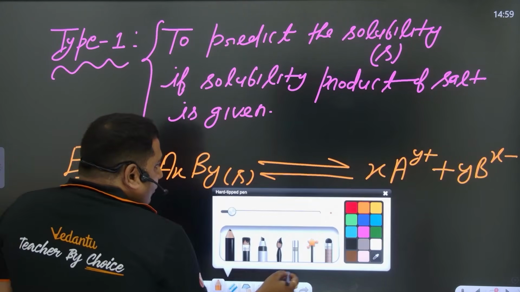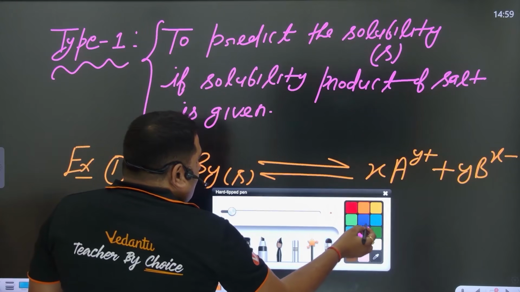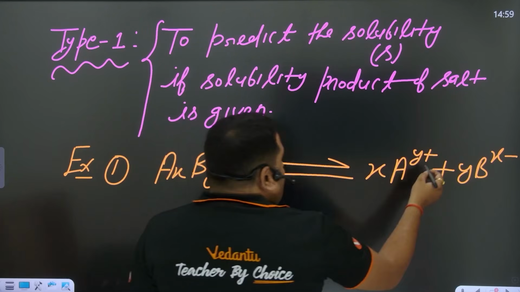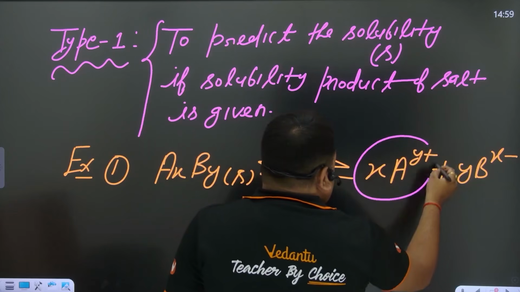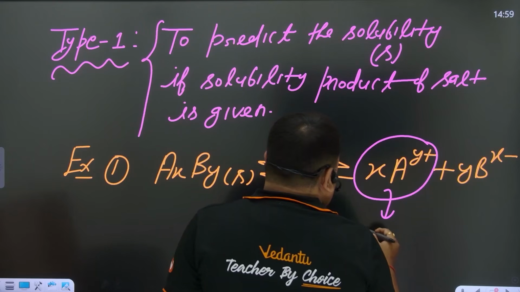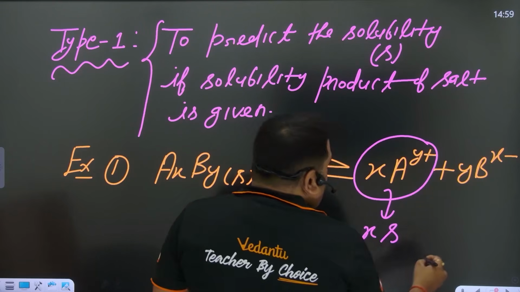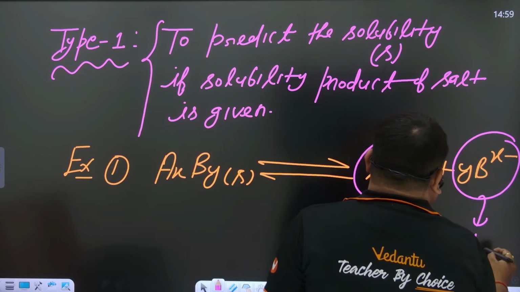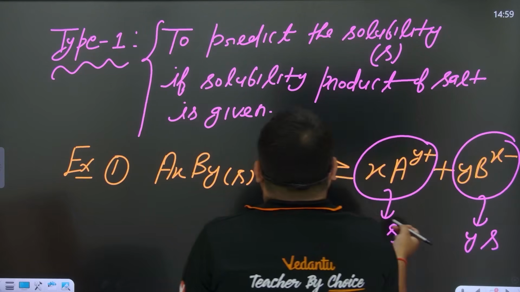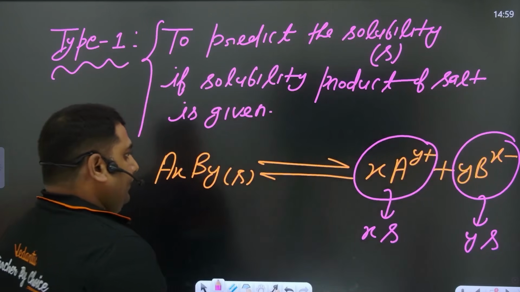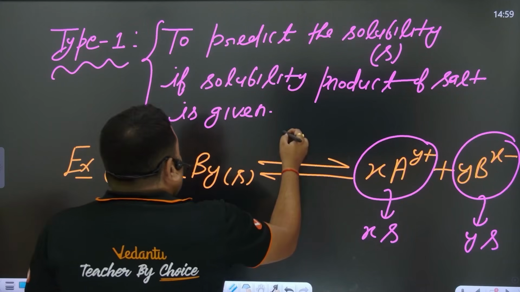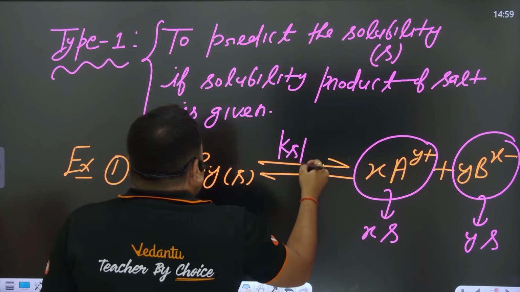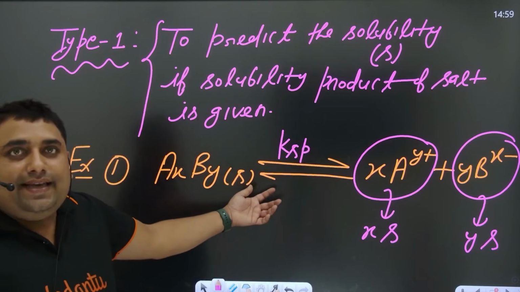Now we have to write in terms of solubility. In terms of solubility, the concentration of this ion is equal to x into s, and the concentration of this ion is equal to y into s, where s is the solubility, right? And here Ksp is defined. Here the equilibrium constant defined is Ksp, right?